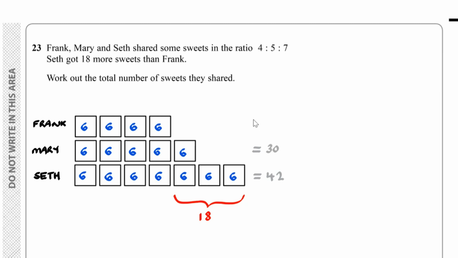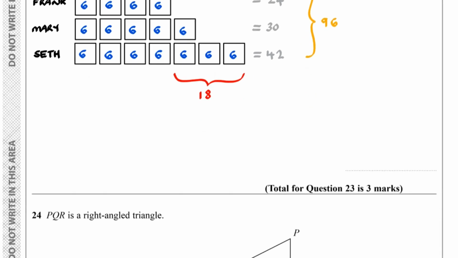And for Frank, 4 times 6, which is 24. And therefore, the total, 24 plus 30 plus 42, is 96. So the total number of sweets they shared is 96.